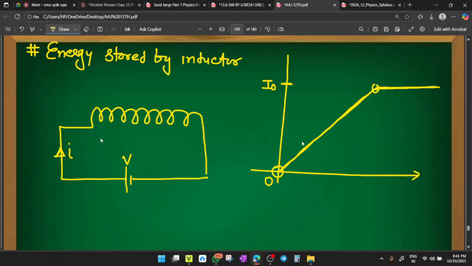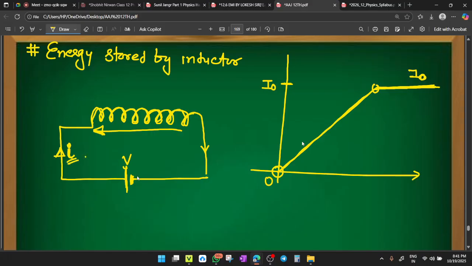But this battery will do useful work and finally establish the maximum current I naught through the circuit. Understood? This battery has done some useful work to counter the back EMF applied by the coil and to set the current to its maximum value.